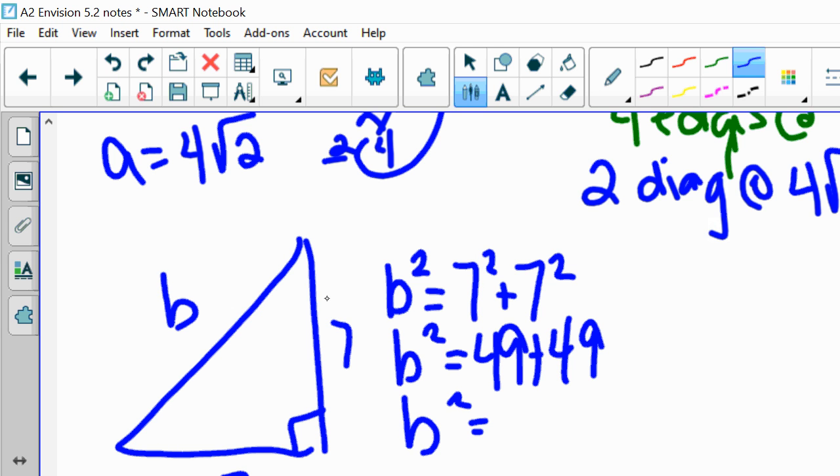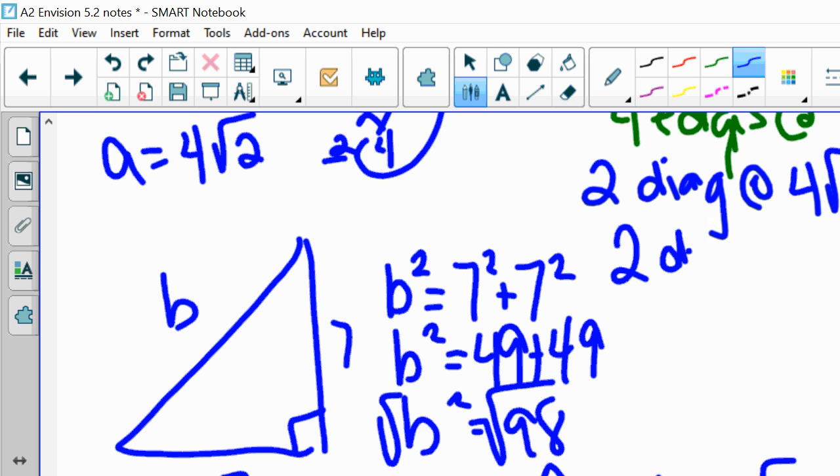B squared equals 98. Take the square root. Factor tree of 98, well, that came from 2 and 49, 7 and 7. So then I have B is 7 square roots of 2. So now I've got two diagonals, 7 square roots of 2. So that's 14 square roots of 2.